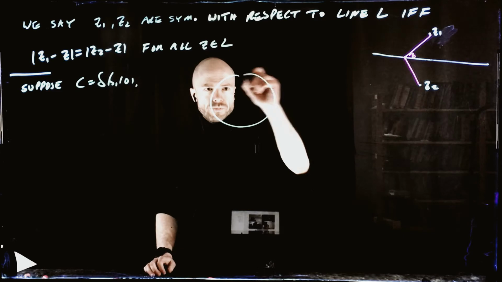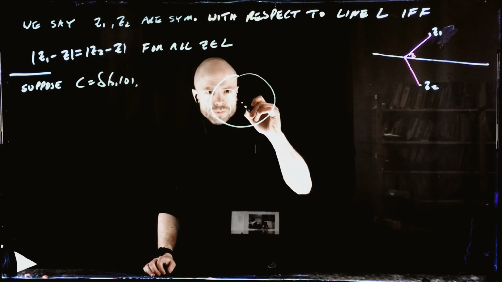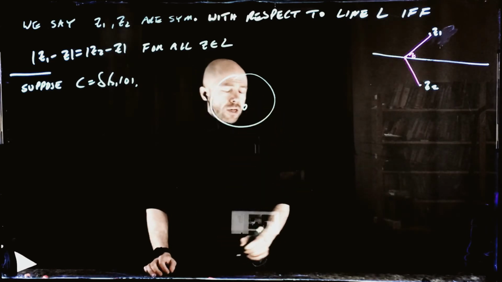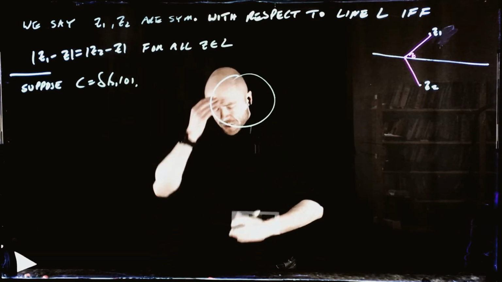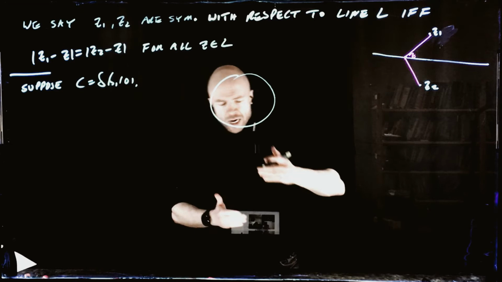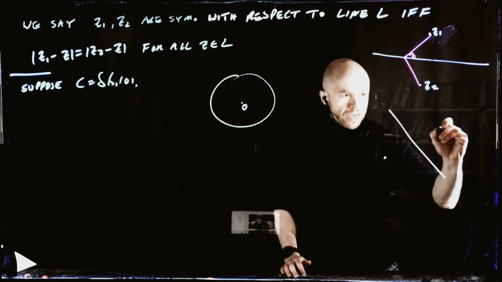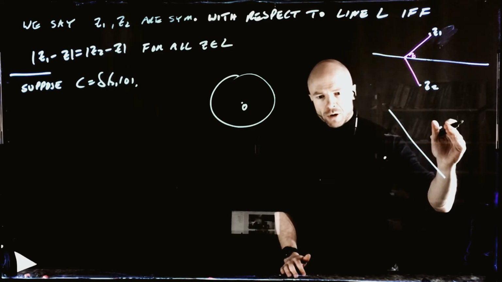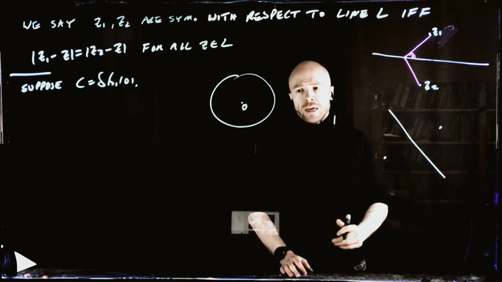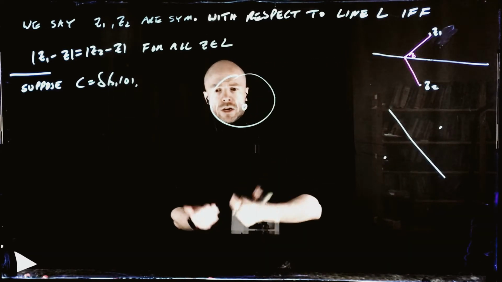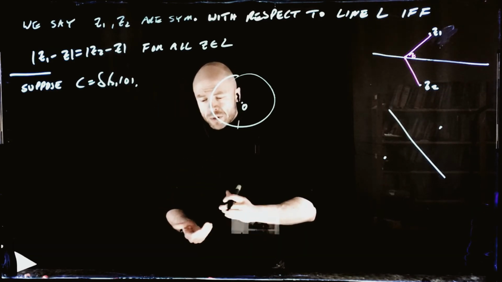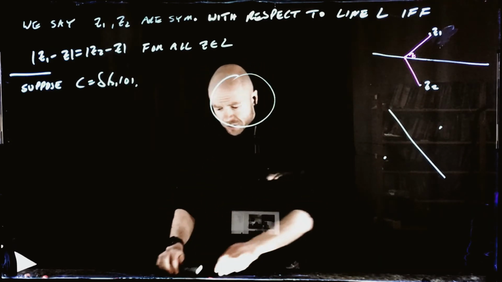So if this is the origin here, by symmetry we mean that we're going to reflect it through the boundary of the ball. Symmetry with respect to a line is the same as saying that when we reflect through the line we get the other point, right? But we don't have a line anymore. We have a circle we're reflecting through. So what properties will we want from a reflection through the surface of a circle?